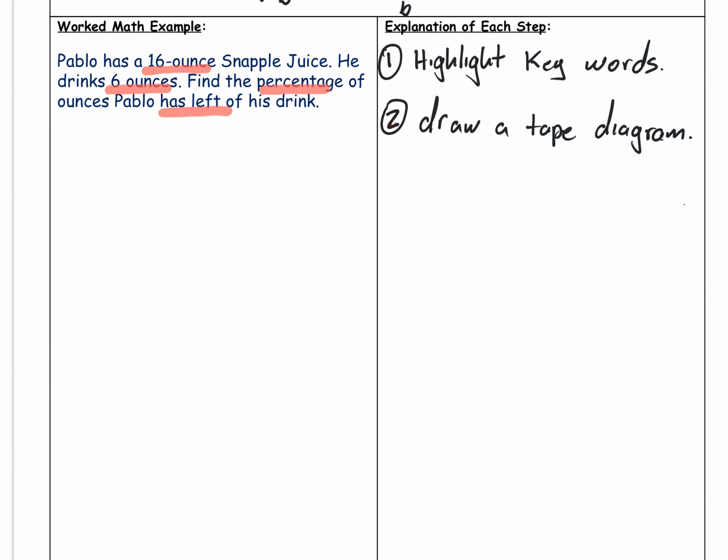So we know that the whole juice is going to be 16 ounces. So let's draw. This will be the whole juice, and this is all 16 ounces. Now we know that he drank 6.